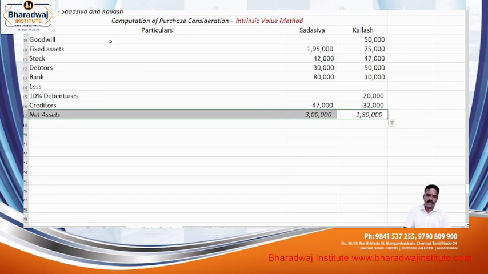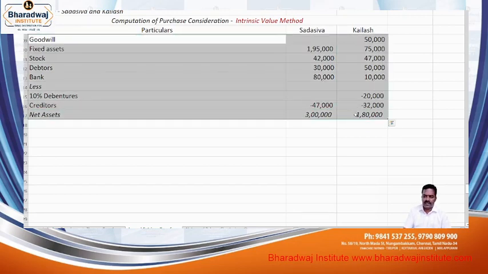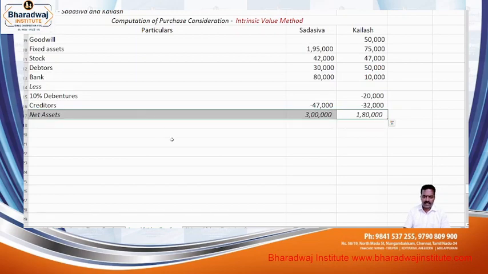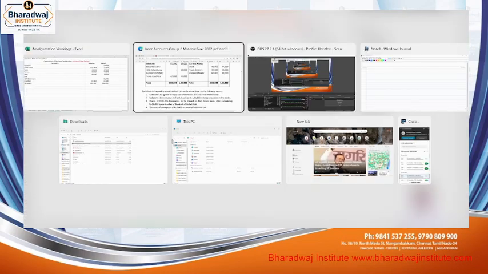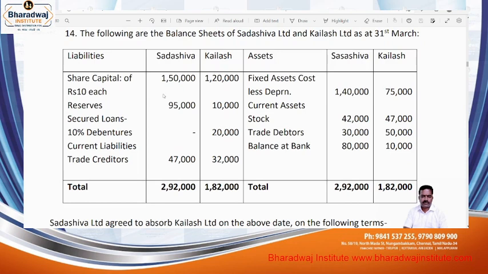So assets minus liabilities will give us net assets. How many shares are there in Sadasiva and Kailash? Share capital of 10 each, so 15,000 shares and 12,000 shares.